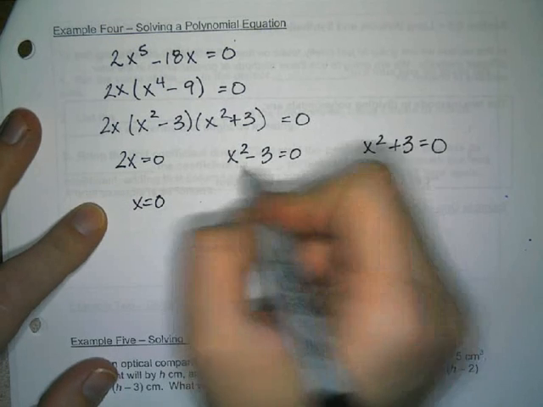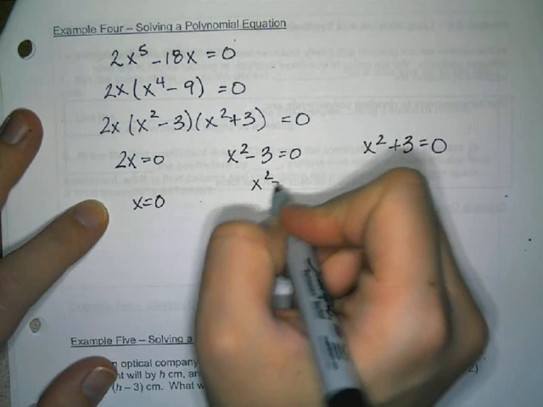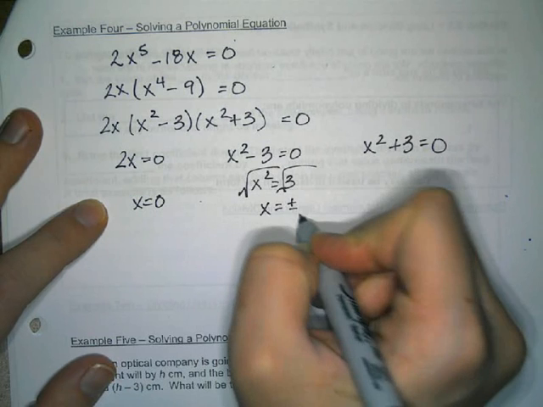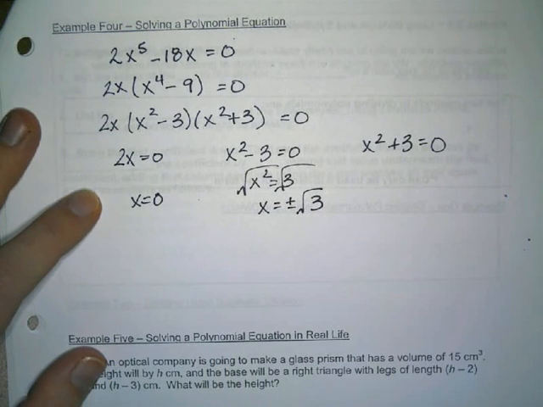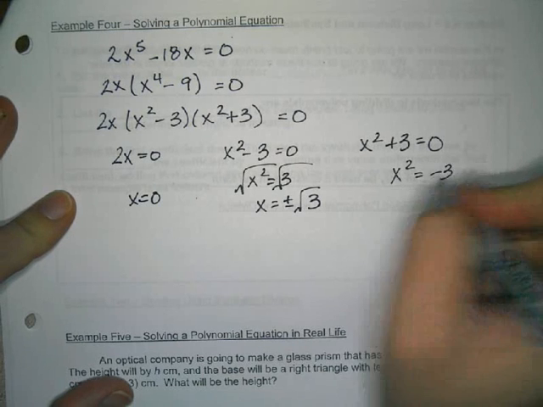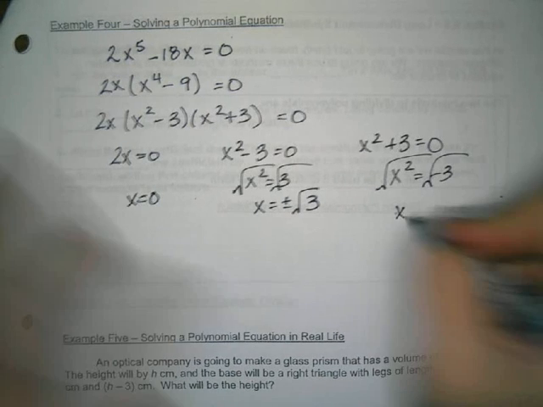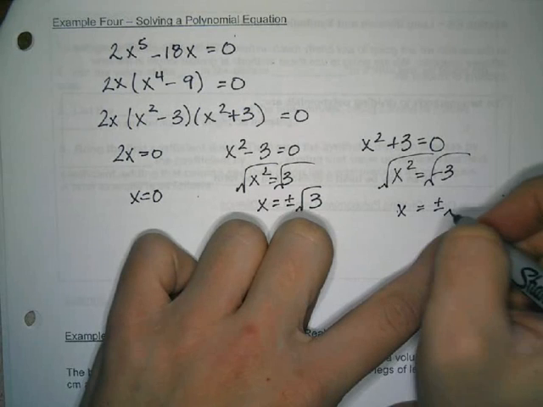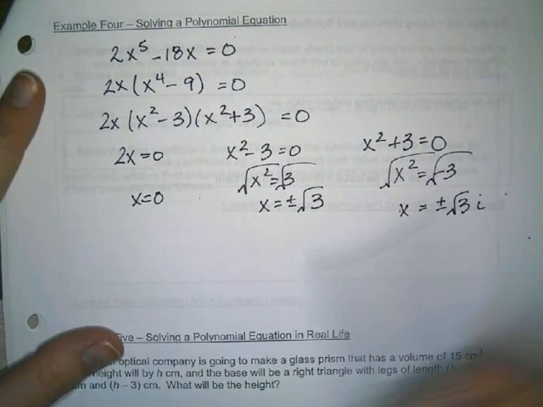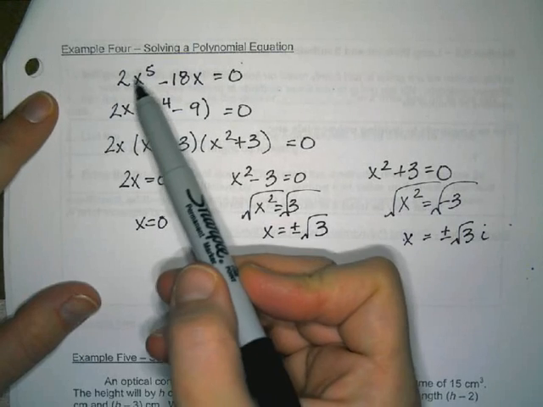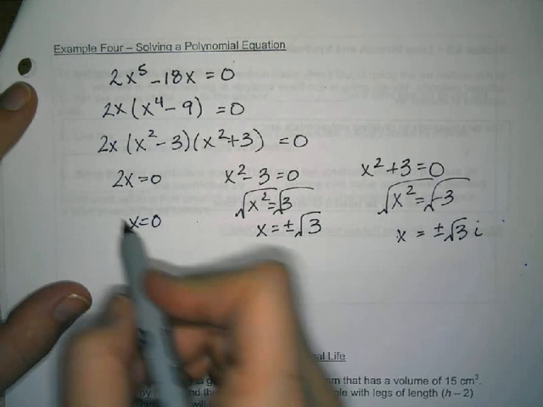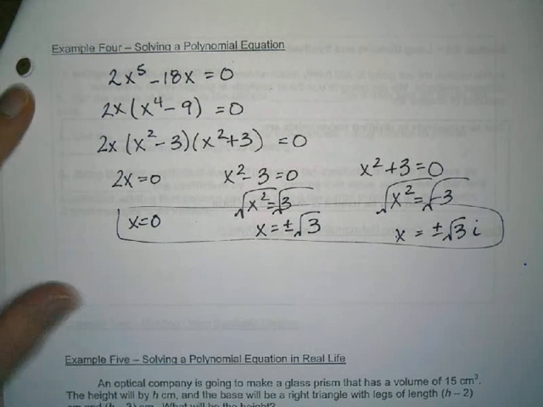In this case, we're going to have a similar situation as we had on the other side of the page, and you get x equals plus or minus square root of 3. In this case, you get plus or minus square root of 3i because you have an imaginary term. But we should have 5 answers because I had a 5th-degree polynomial. Count them up. 1, 2, 3, 4, 5. So those are my answers.